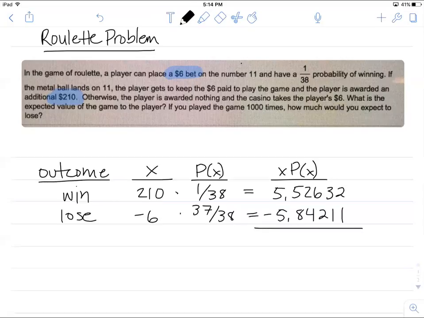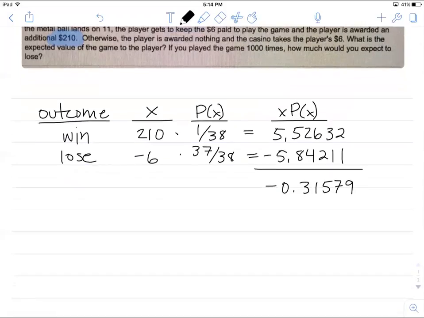Now what I'm going to do with that fourth column is to add those values. And when I add those two values, you can see one's positive, one's negative. What I'm going to get is -0.31579. Okay, now keep in mind our values in the column for X were in dollars, so the units on this quantity are also in dollars.